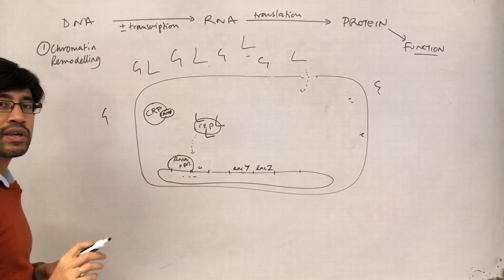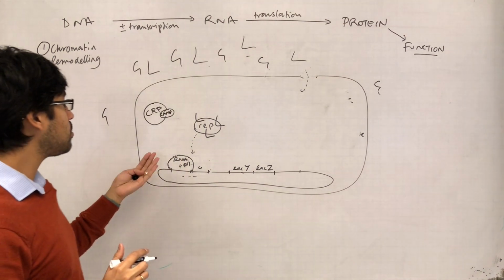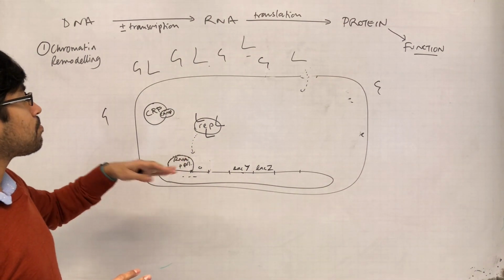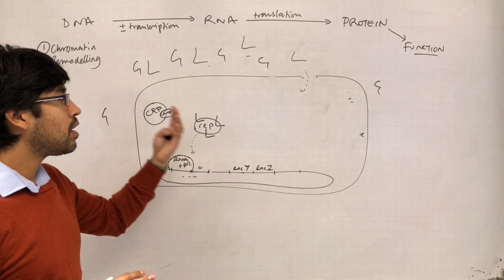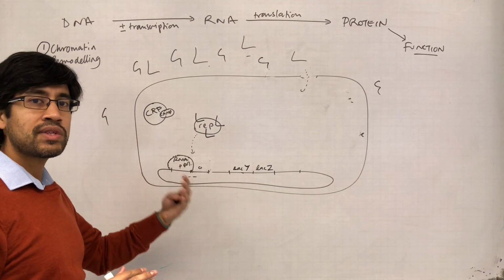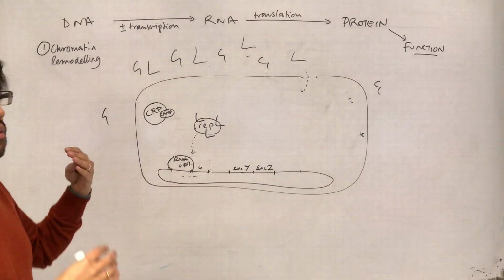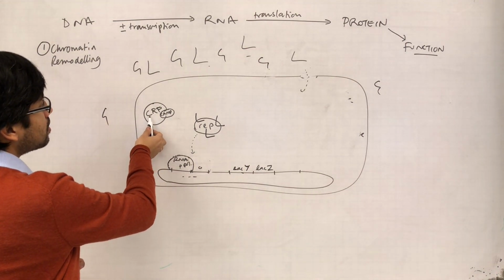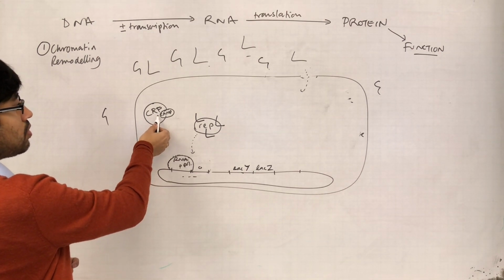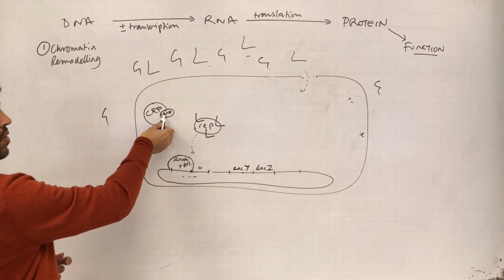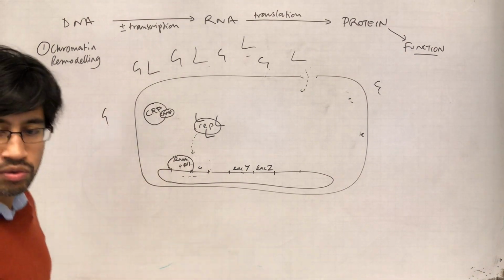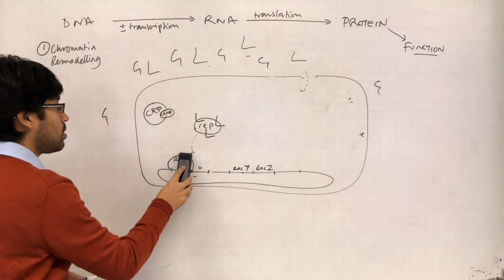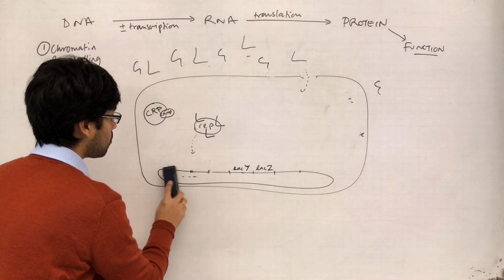We should remember cyclic AMP as a modified nucleotide from our previous work on cell signaling, second messengers, stuff like that. So the cyclic AMP receptor protein binds cyclic AMP, which allows it to bind the DNA here at the Lac Operon.